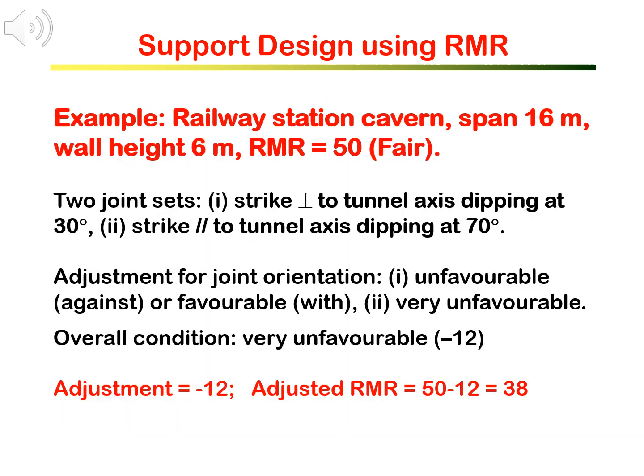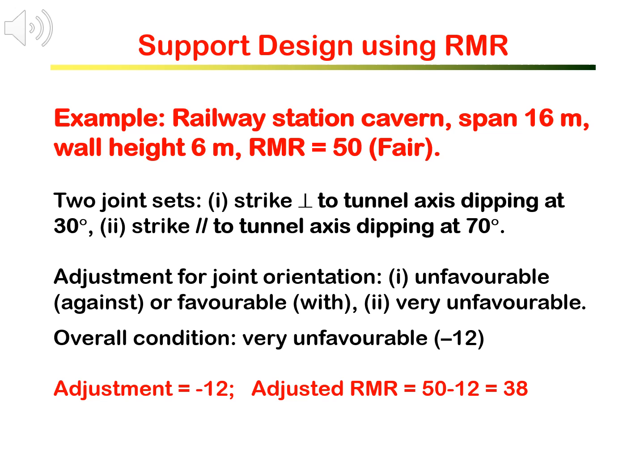I want to give another example of using RMR for support design. It is the same example we have done in the last session using the Q system. Again, it is a railway station cavern with span of 60 meters, wall height of 6 meters, in fair rock mass with RMR of 50.